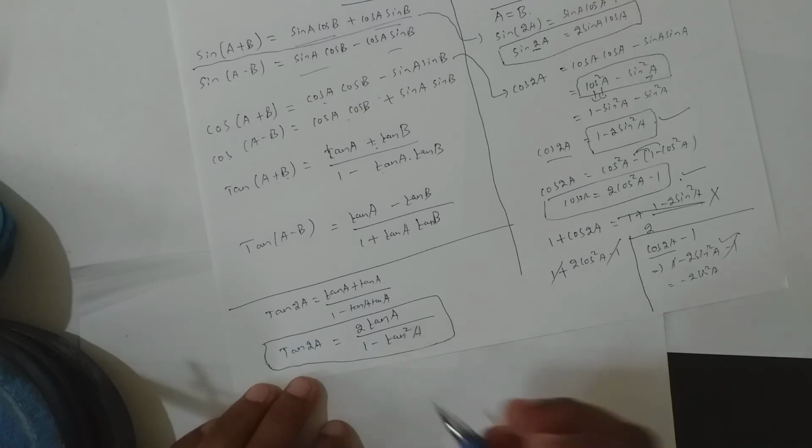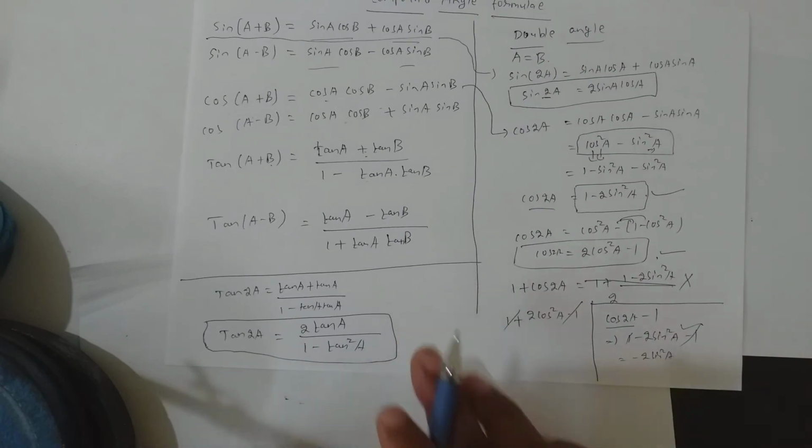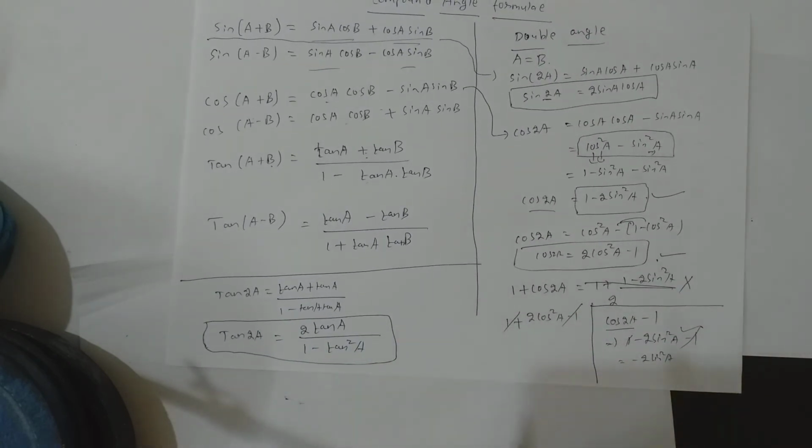Am I clear? I don't need the derivation, but I should know the formula for each of them. Tan 2A is nothing but 2 tan A over 1 minus tan square A.